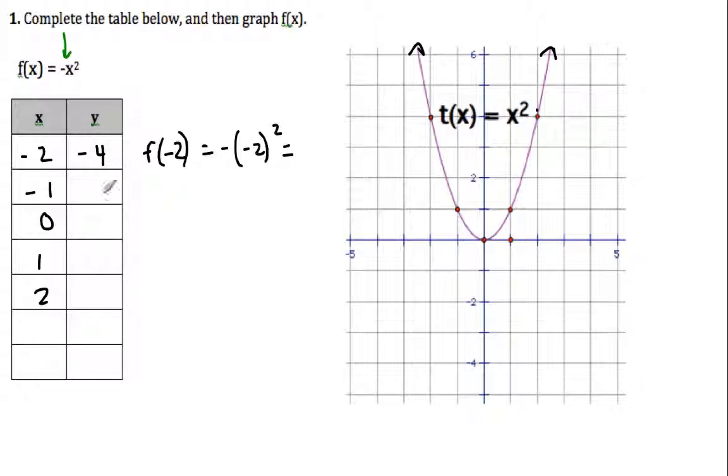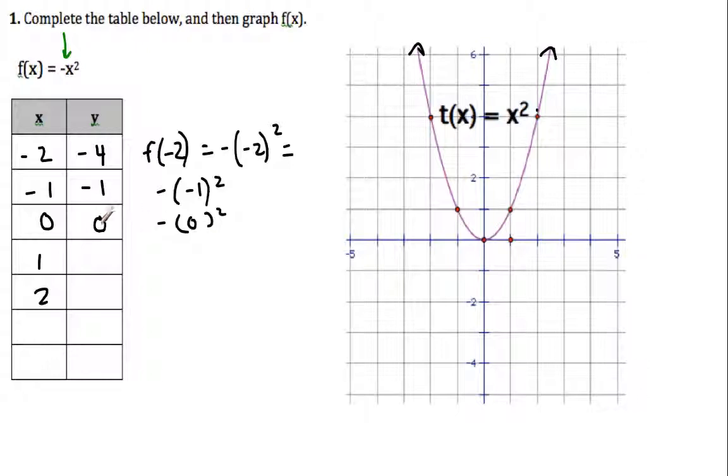For f of -1, we have negative, -1 squared, right? And so that is equal to +1 times negative. This equals -1. Okay, this is negative 0 squared.